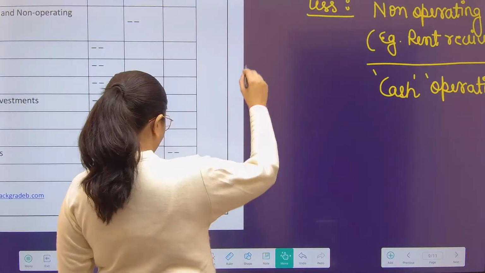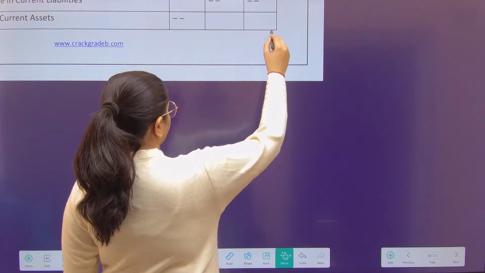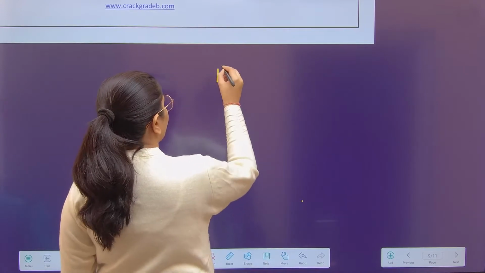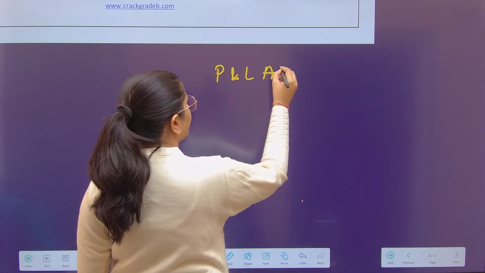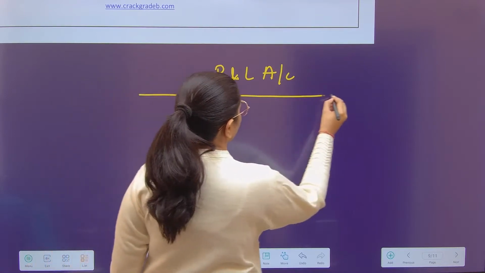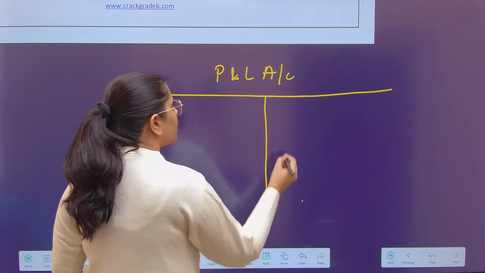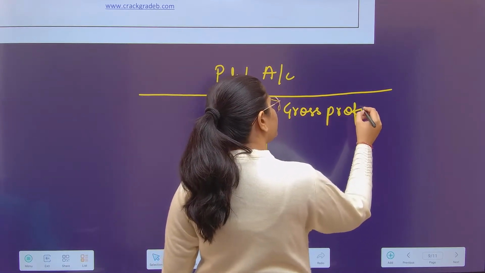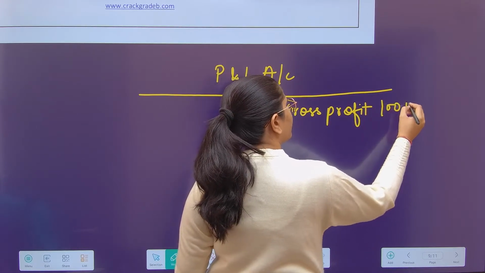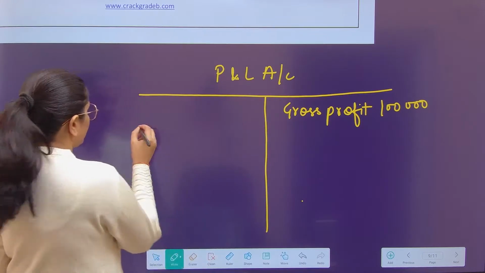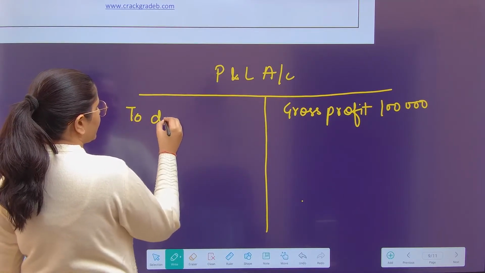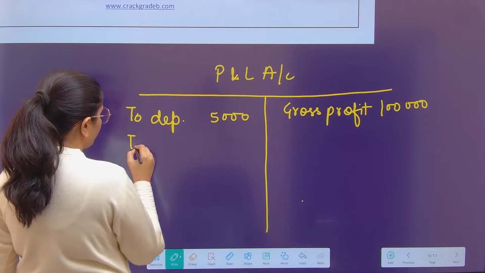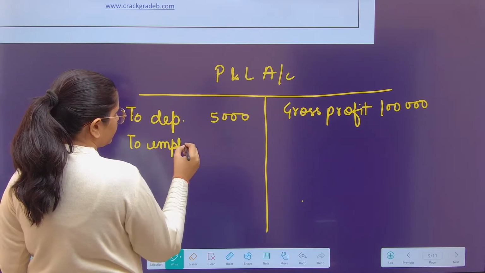Wait. I'll give you an example and then it will be clear to you. Suppose this is your P&L account. Gross profit is 1 lakh, correct? Now, you will show all the expenses like depreciation 5,000.